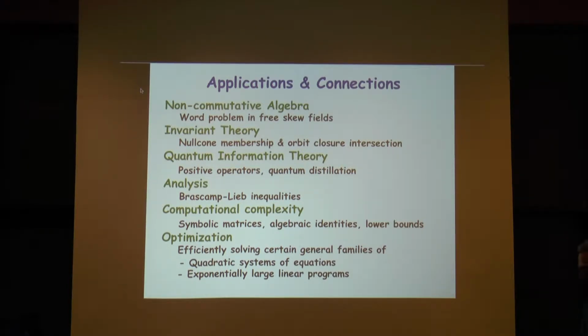As I said, the problems we set out to solve are in computational complexity, having to do with algebraic identities, polynomial identities, and also connected to lower bounds and derandomization. The one really interesting thing is that the problem we are studying is an algebraic problem, but despite it, the tools we'll use are tools from continuous optimization.